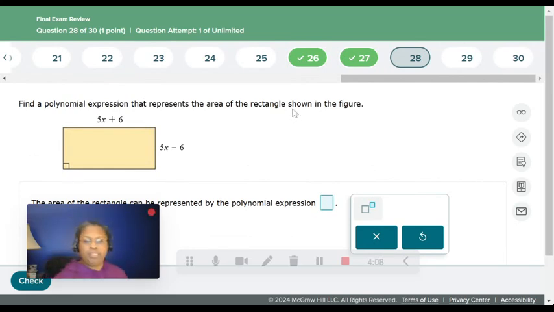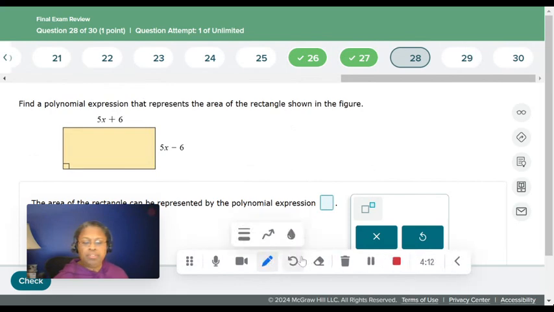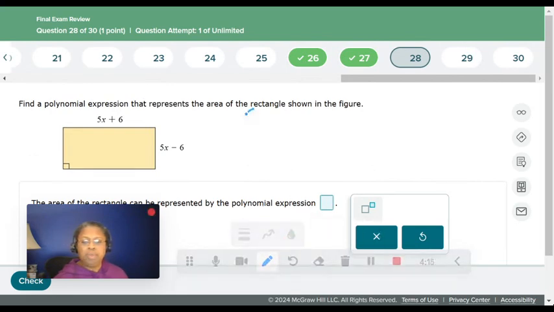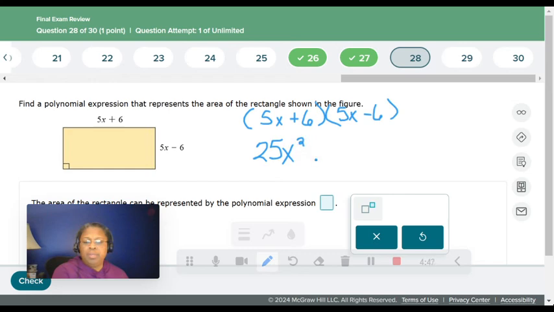So we would have 5x plus 6 times 5x minus 6. Remember, because we have a difference in signs, we just square the first term and the last term. So we would have 25x squared minus 36.